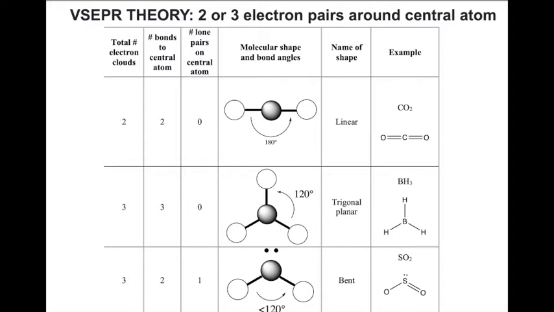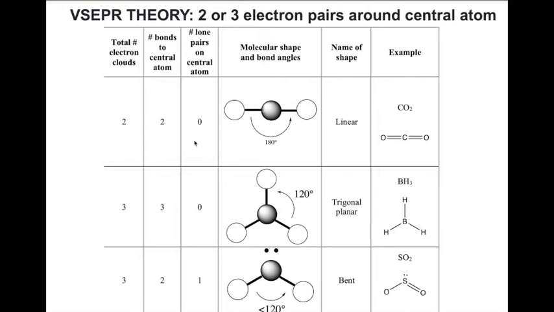So this is just generically these areas, these regions where there's electrons, but we haven't distinguished them between whether they're bonded pairs or whether they're lone pairs. That we're going to talk about in the next two columns, where here we have the number of those pairs of electrons that are bonded and the number that are lone pairs in this column here.